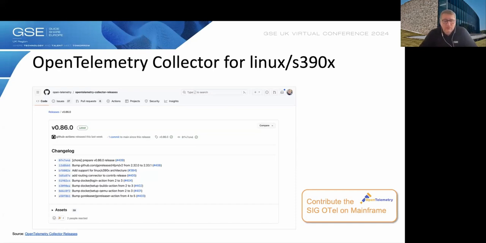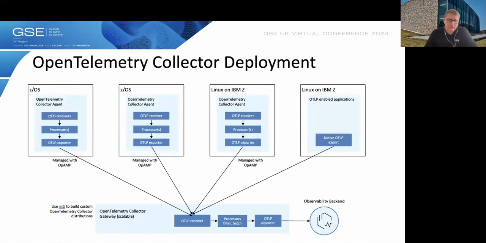There are efforts required to port the collector as well to Unix System Services on z/OS. We know that this works. It's not as straightforward as on Linux, but to contribute this to the community and get it into the standard release cycle, there is additional work needed. And of course, we are also thinking about extending the collector with specifics for the mainframe.